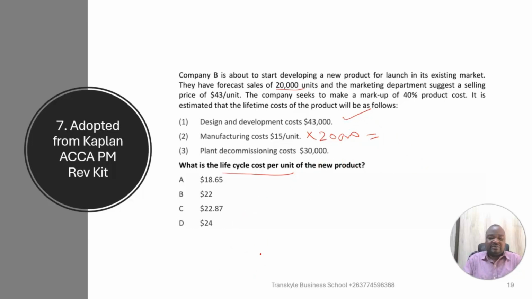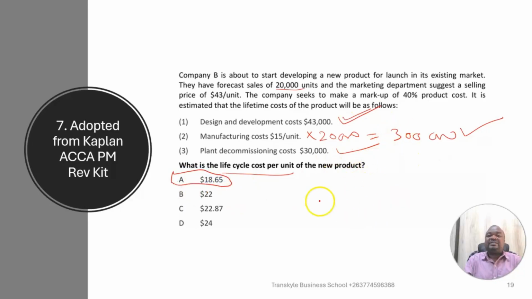Let me use my phone here. That's 15 multiplied by 20,000, which is 300,000. Then plant decommissioning cost is 30,000. So if we add 43,000 plus 300,000 plus 30,000, that should be 373,000, right? 373,000 divided by 20,000 should give us $18.65.